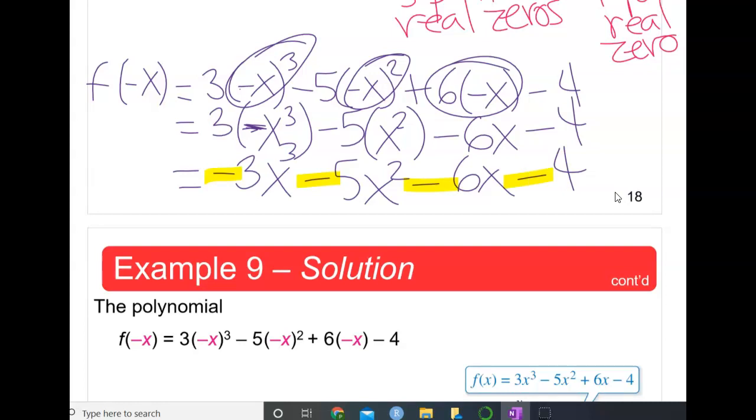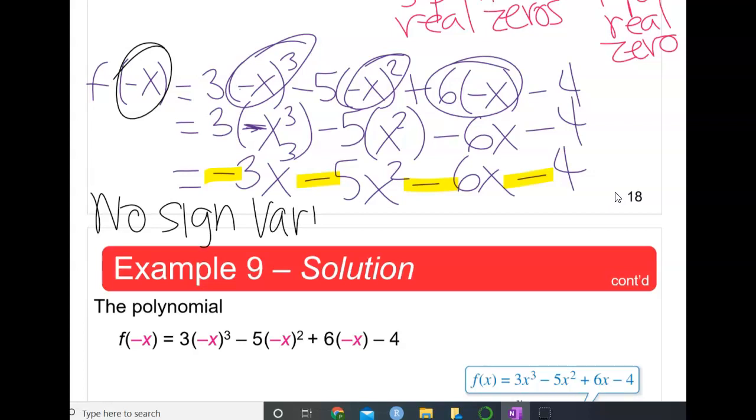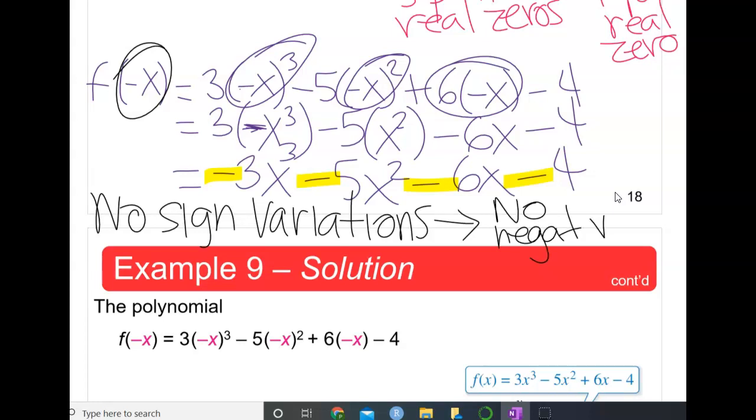So that is for negative x, no sign variations. It did not change. So that implies that we have no negative real zeros.